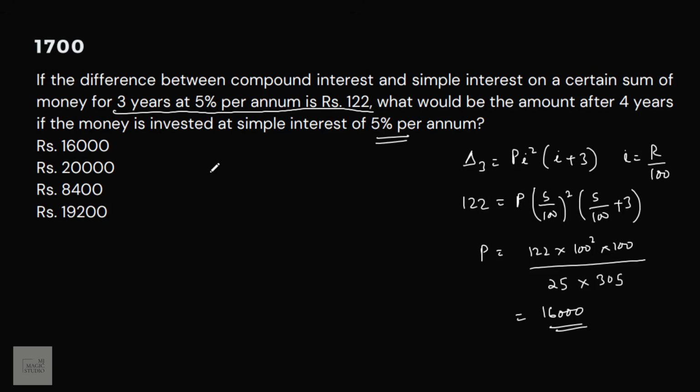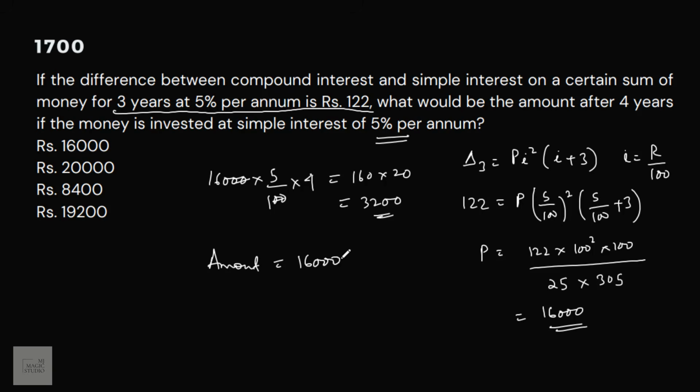After 4 years, simple interest would be 16,000 into 5 by 100 rate percent into 4. That is 160 into 20, that is 3200. So total amount received after 4 years would be 16,000 plus 3200, that is rupees 19,200, that is option D.